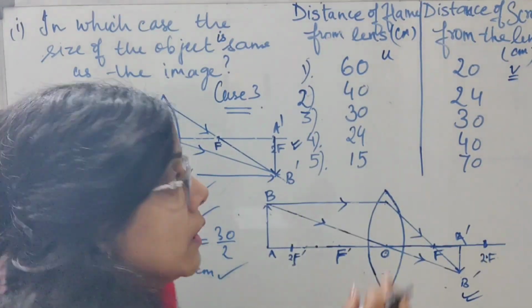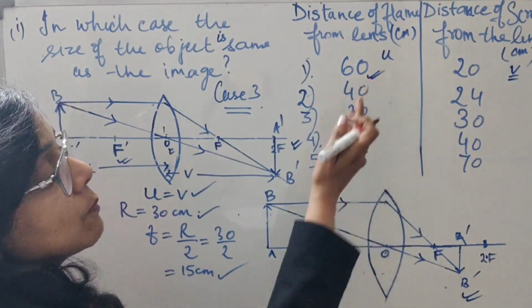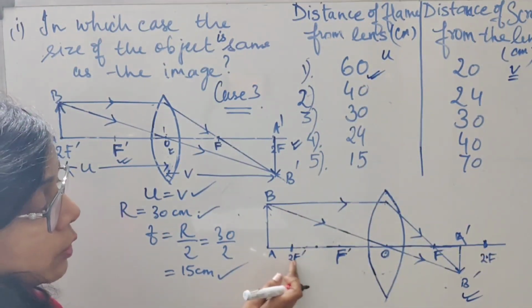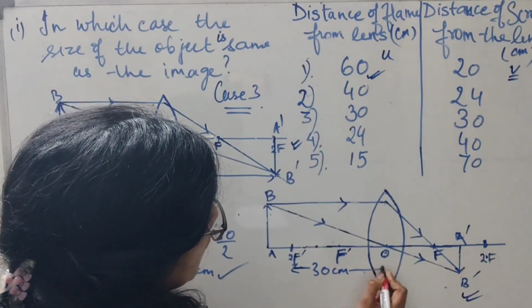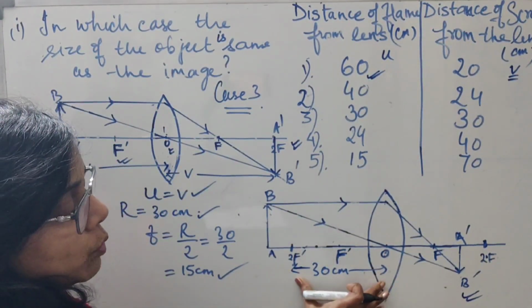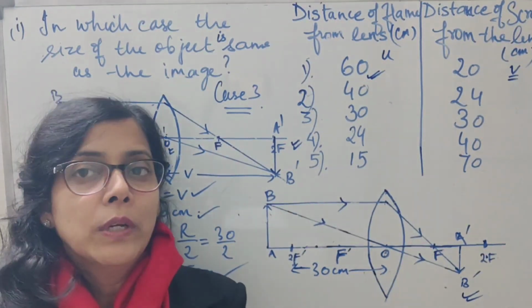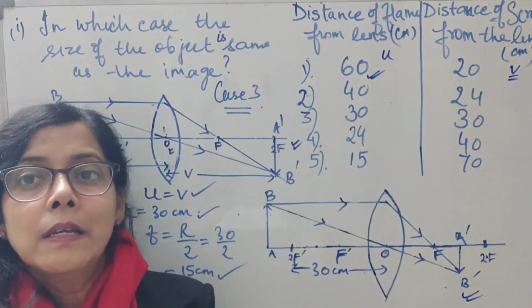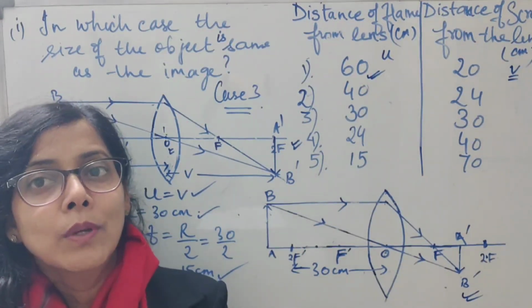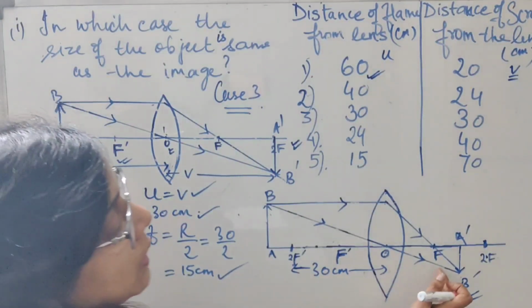Okay, now find out our cases. Here u is 60. 60 means it is more than 2f, because we know 2f is 30 centimeter. From case 3 it is clear that the distance of 2f from optical center is 30 centimeter. So it means that all those distances more than 30 centimeter will count as beyond 2f dash, and their images will be between f and 2f.